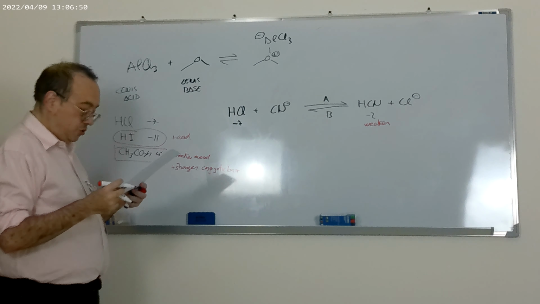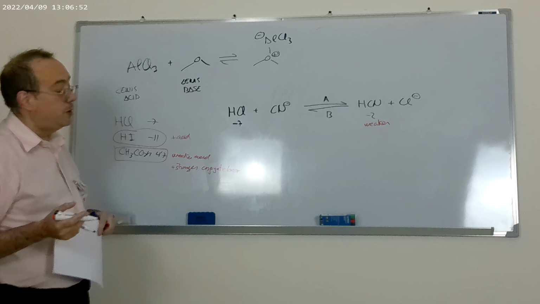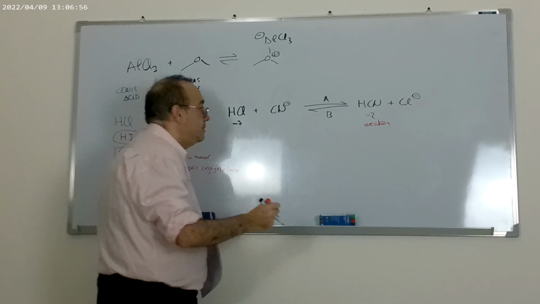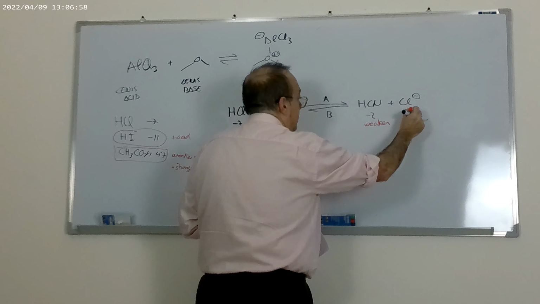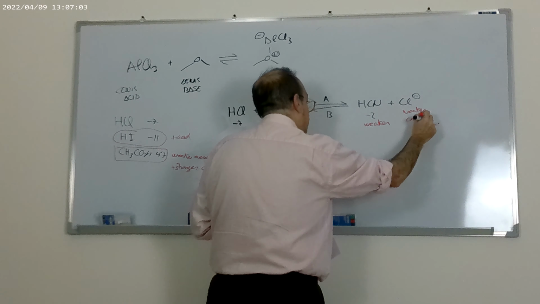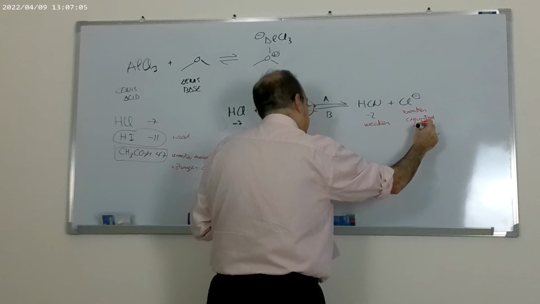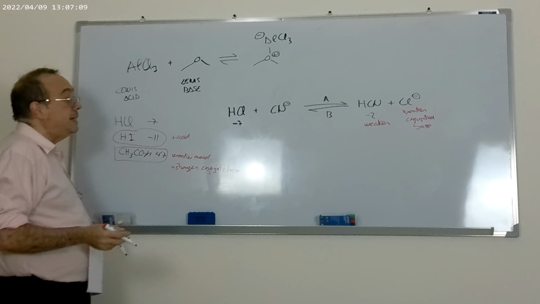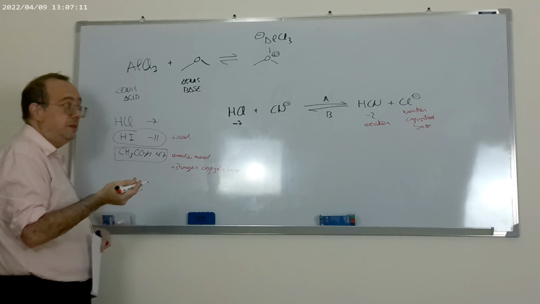Which is the weaker conjugate base? Well, the weaker conjugate base is the conjugate base of the stronger acid. That means that the chloride is the weaker conjugate base. And in which direction will the reaction go?